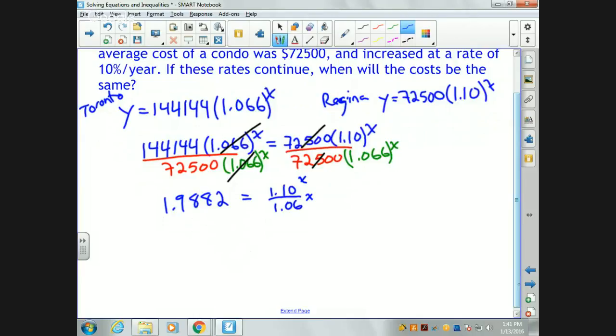It kind of makes things tricky to solve for x. We could actually write this as 1.1 over 1.06 all to the x. If we have an exponent on a fraction, that exponent applies to the numerator and the denominator. Typically, we go the other way, but we can work backwards here as well.